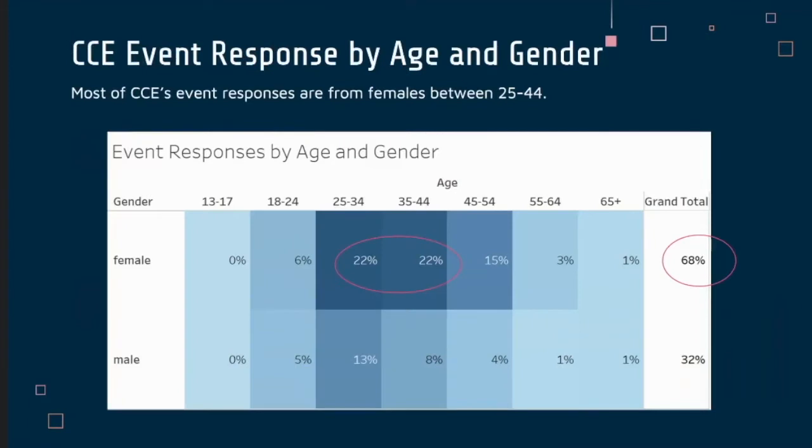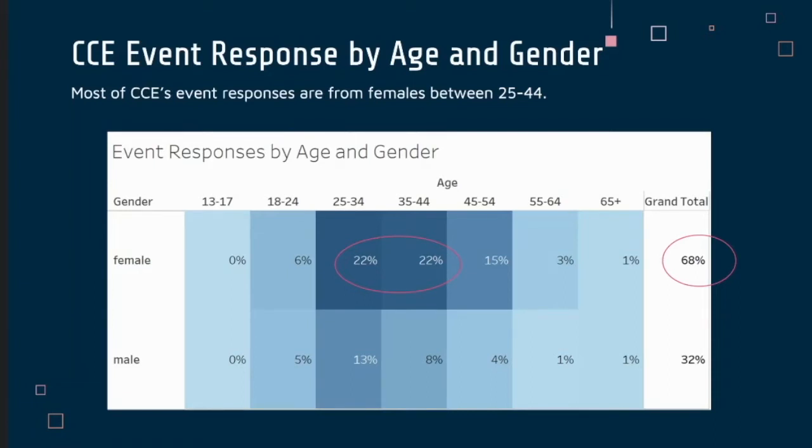So first, we'll be exploring the finding where young professionals are the largest audience. Below is a heat map of the percentage response separated by age and gender. As you can tell from the circled regions, with the darkest saturation of blue, most event responses are from females between the ages of 25 to 44.